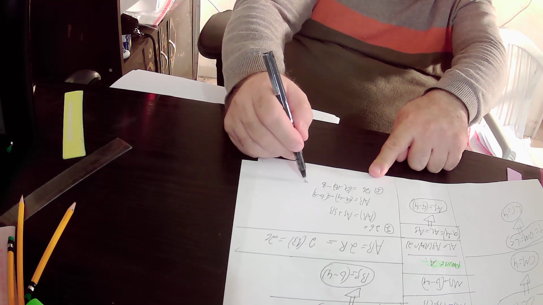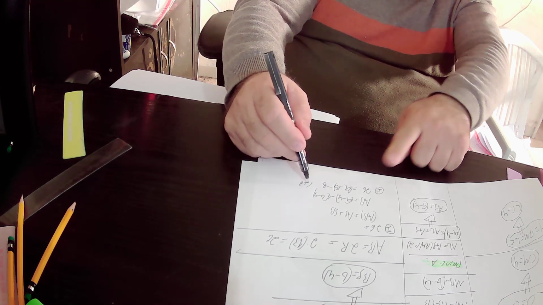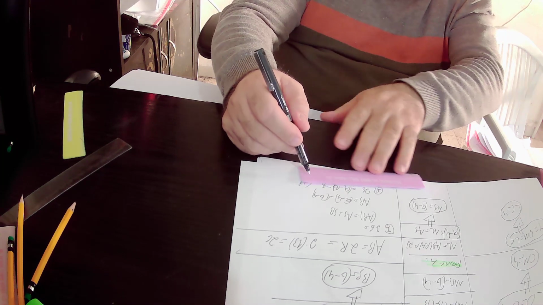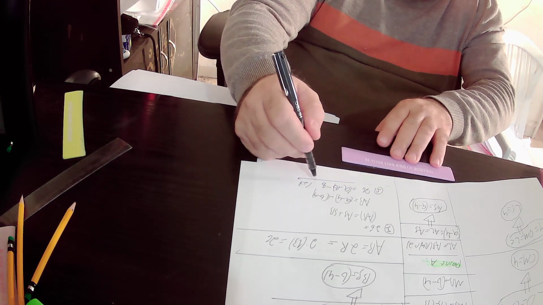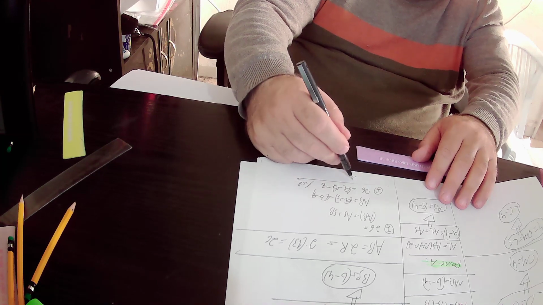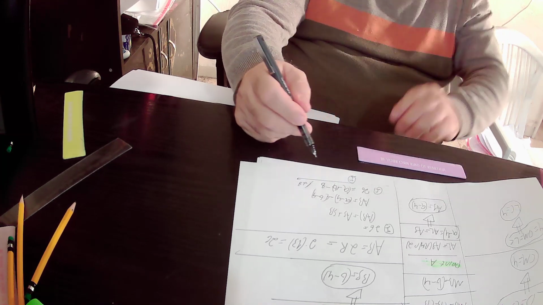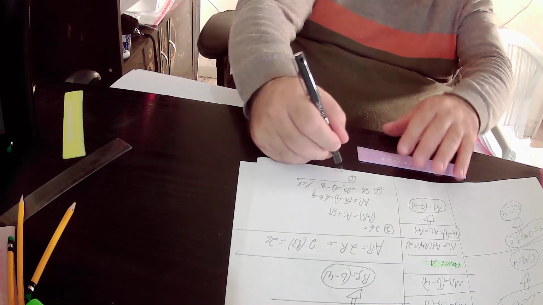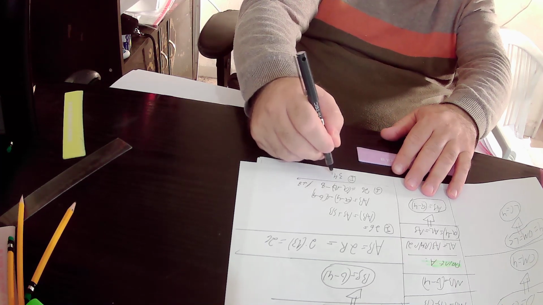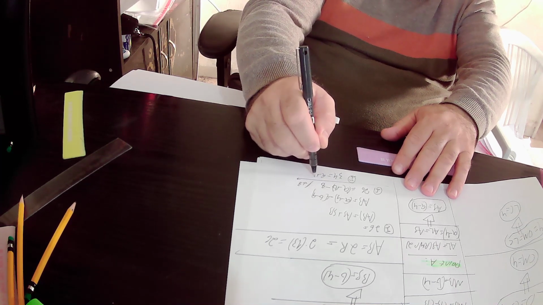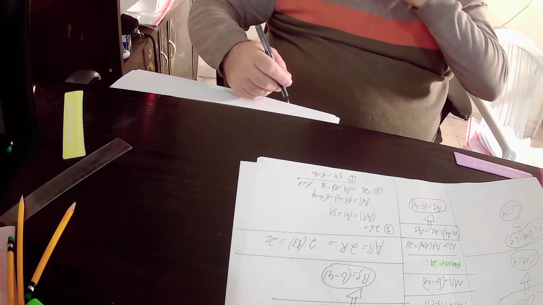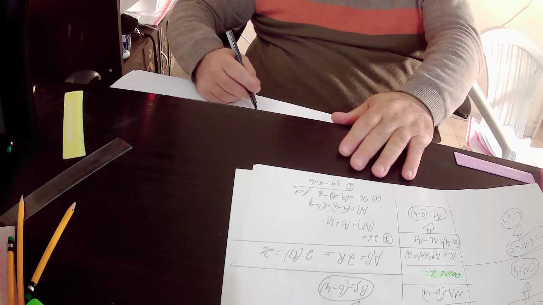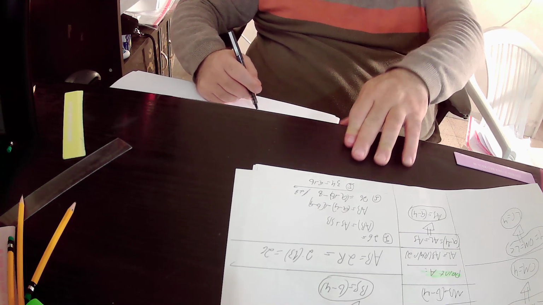Here we'll add 8 to this equation number 1, and we get that 26 plus 8, which is 34, equals A plus B. So according to equation number 1, we found out that A plus B equals 34.